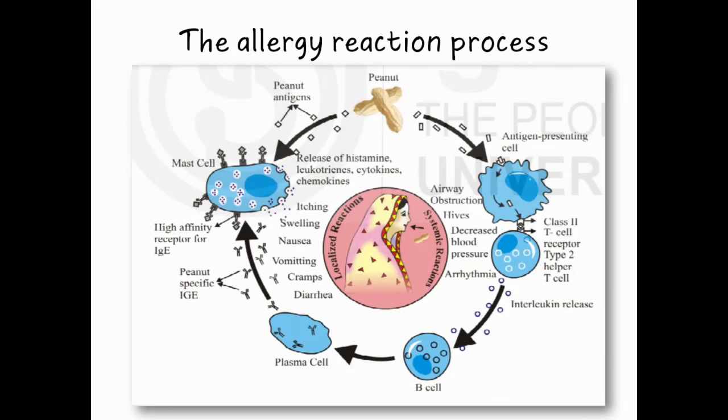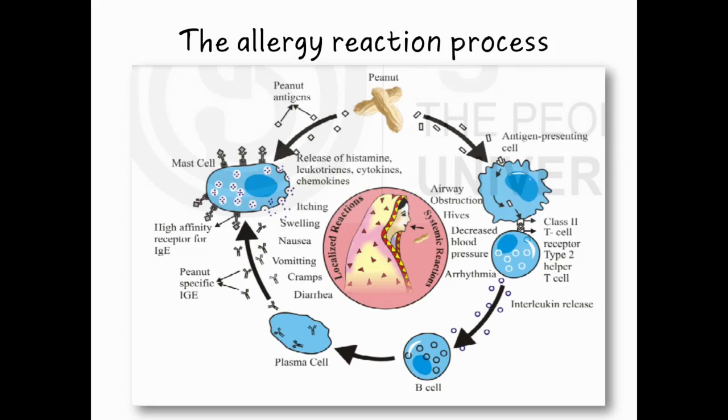So the allergy reaction process. Here is an illustration of the allergen entering your body. It will combine with the cells, and then with the T cell receptor, and with the help of the helper cell, it will be carried in your blood system until it meets the mast cell, where it binds with the IgE receptor of the mast cell.